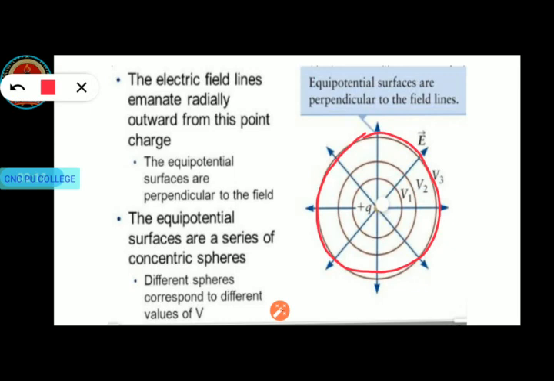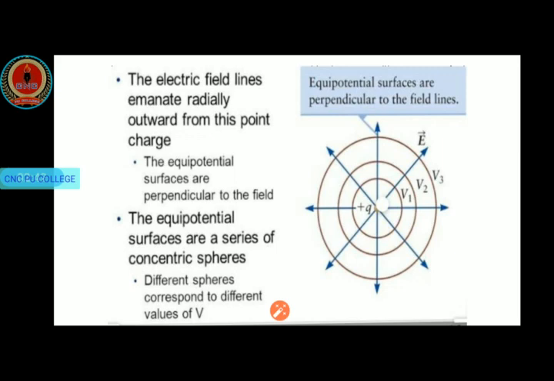In the same way, we can observe one more concentric sphere with a different potential V2, where at all points on that sphere the potential is the same, and one more concentric sphere with a potential V1. In the picture it is clear that the electric field lines are normal to the equipotential surfaces, and the field lines are radially outwards because of the positive polarity.